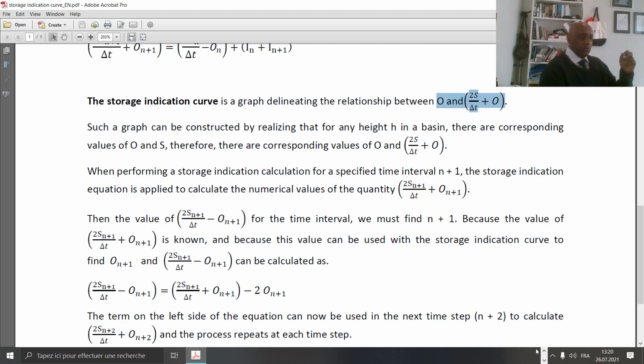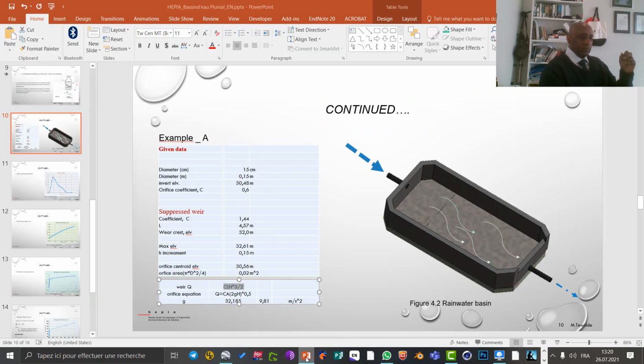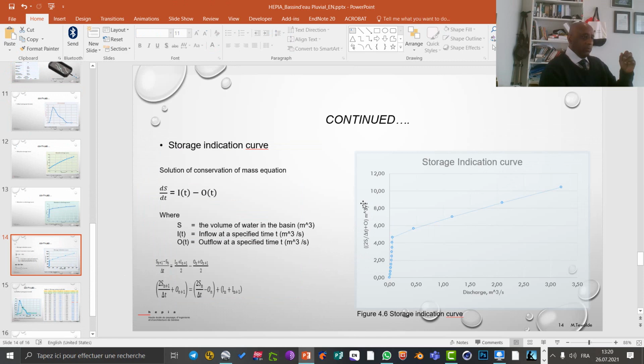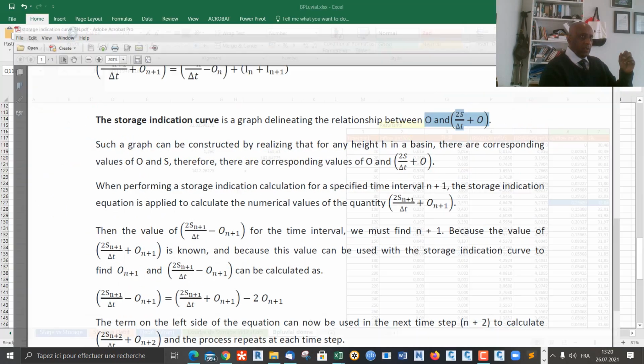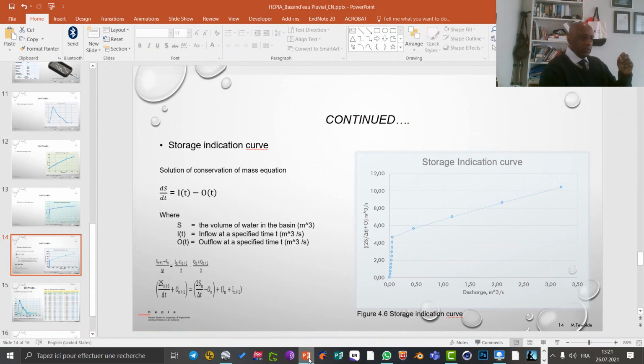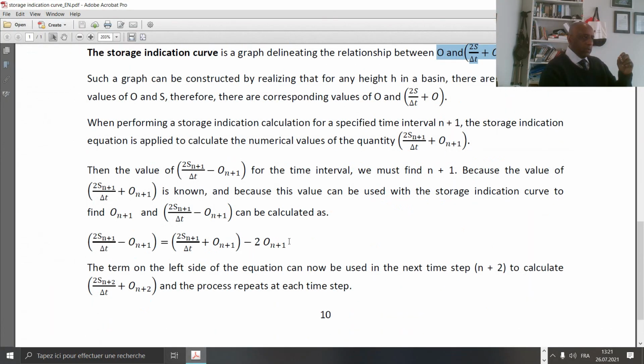We go here, let me show it again, the storage indication curve. Once we found this one, we simply look up and pick the discharge from here, and now we calculate 2S over changing time minus the discharge. Is like this one. 2S minus O, with the discharge that we found from the curve, will give us this equation, n plus 1.